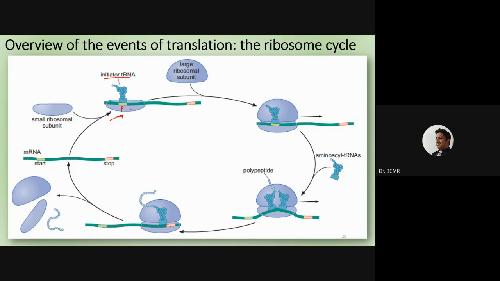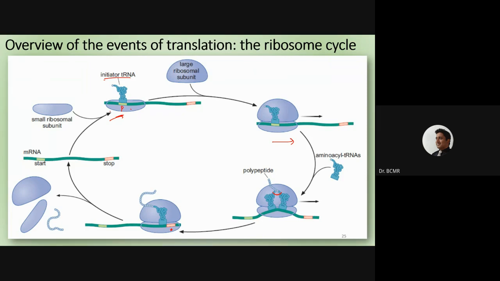Then more aminoacyl or charged tRNAs keep coming in as the ribosome keeps moving, which is called translocation, and in this case also elongation. More aminoacyl tRNAs enter, and the peptidyl transferase reaction happens, and this continues until the ribosome reaches a stop codon.